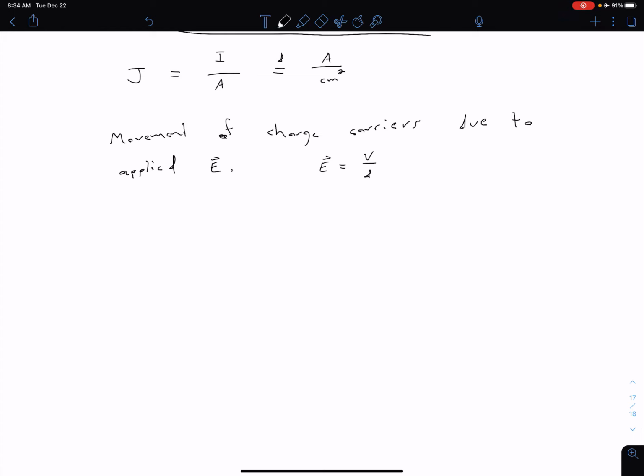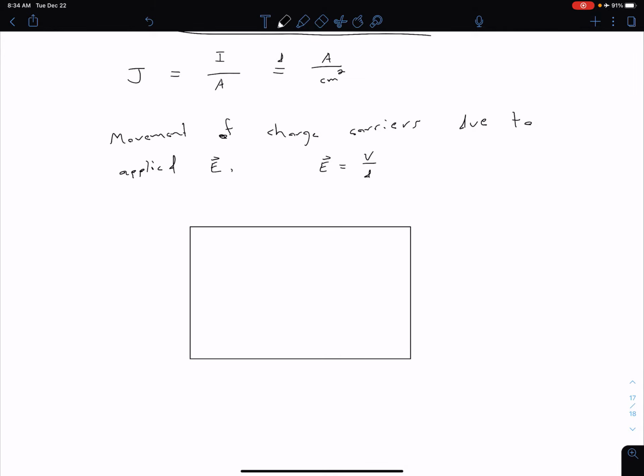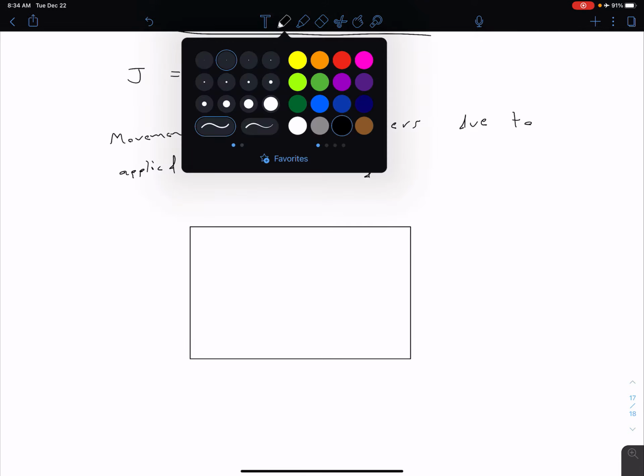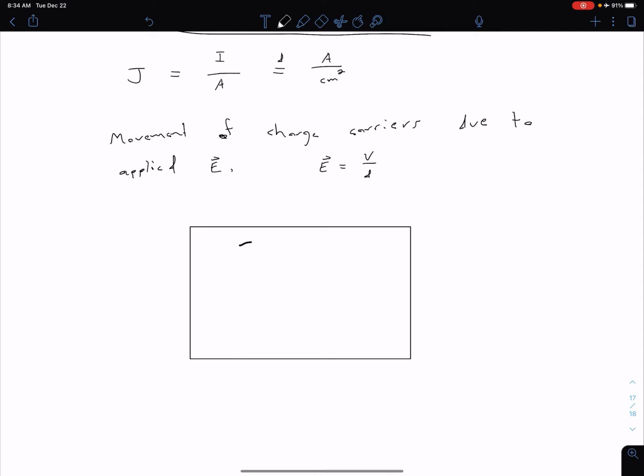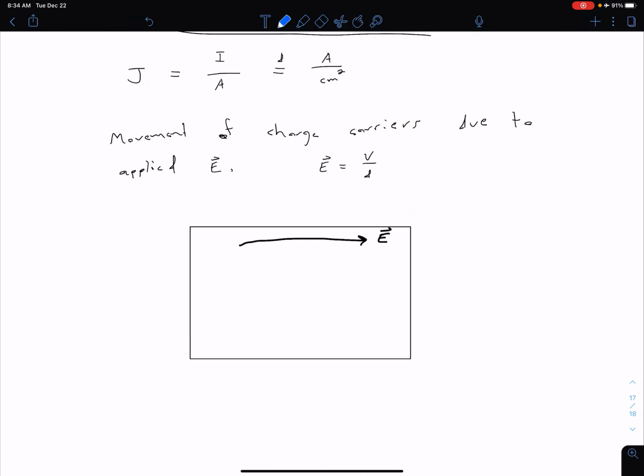So let's consider just a piece of semiconductor here. Let's see if we can get a nice square. There we go. Let's say we have a piece of semiconductor, and within it we have some applied electric field, which is pointing in this direction here. Remember, we're going to have free charge carriers in this semiconductor.